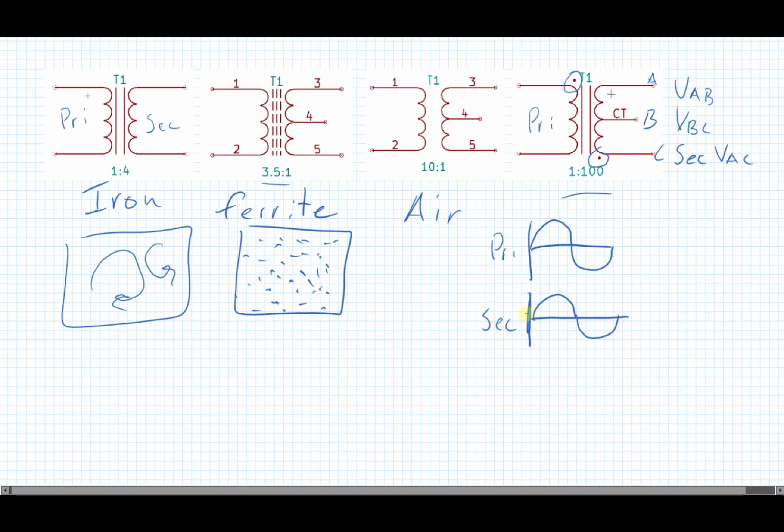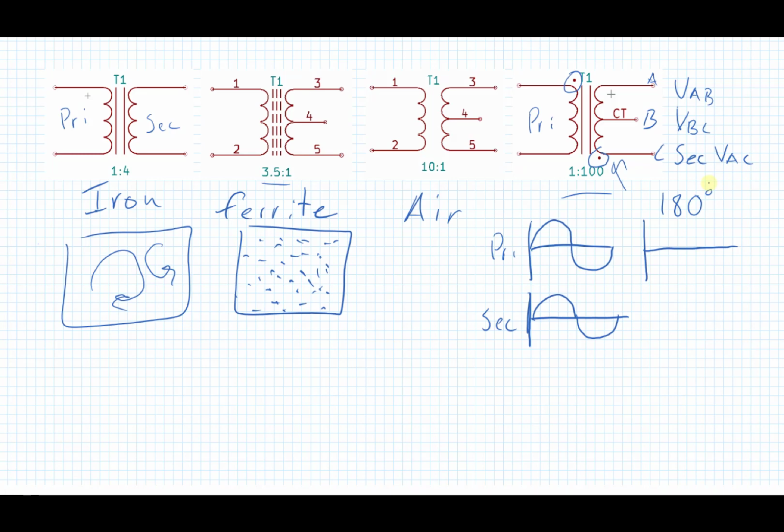So for the first 3 schematics, the secondary is going to be in phase. When you have these little phase indicator dots here, the secondary is going to be 180 degrees out of phase. The primary winding could be going clockwise, and the secondary winding could be going counterclockwise.